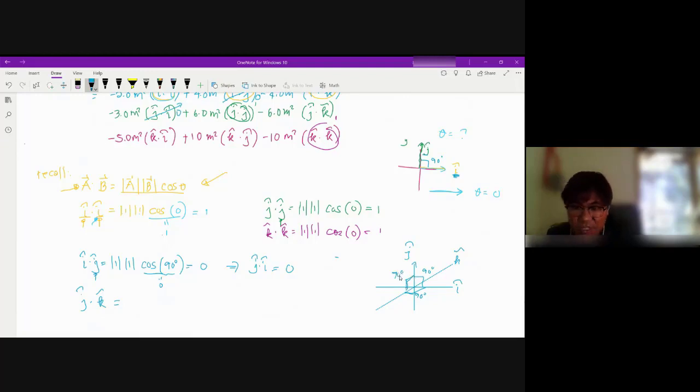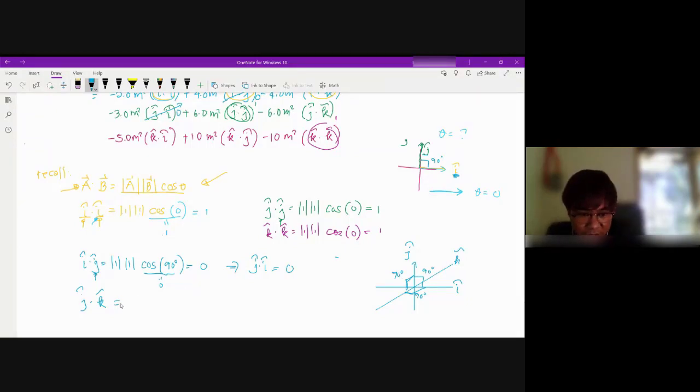Bottom line is ang tawag na to na kay orthonormal ang ijk nimo. So meaning the angle between them is actually equal to 90 degrees.